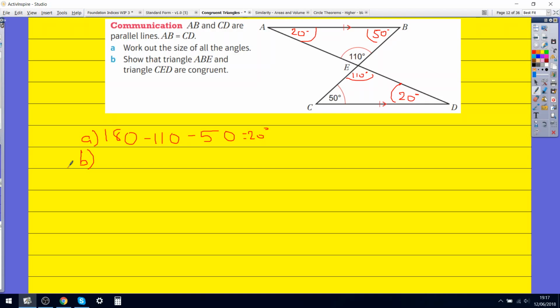What other angle? So then you can say that angle ABC equals angle DCB.